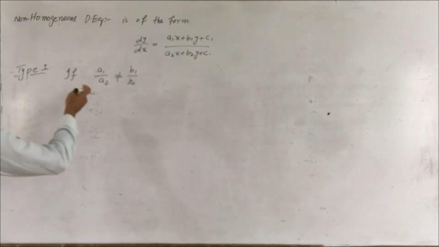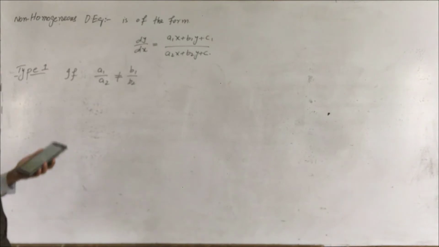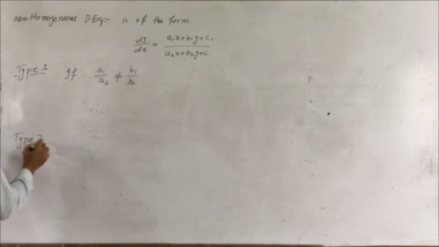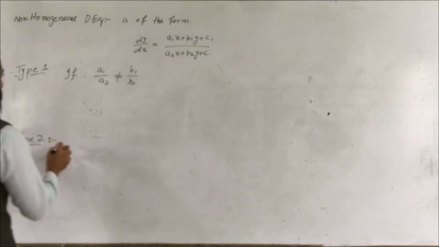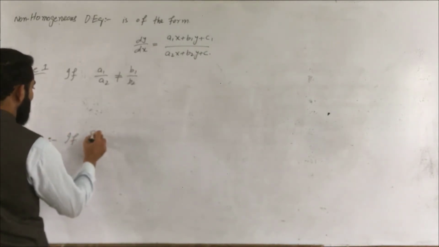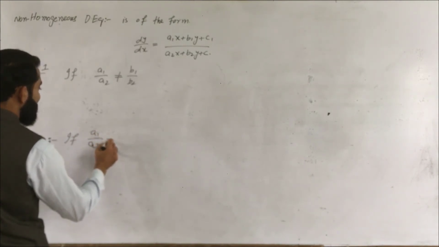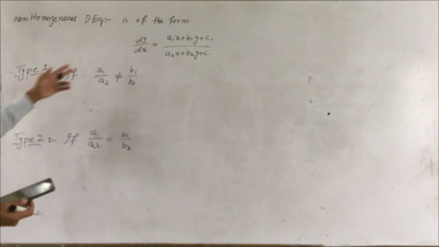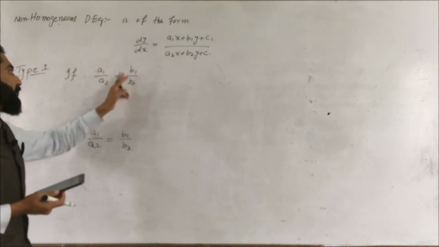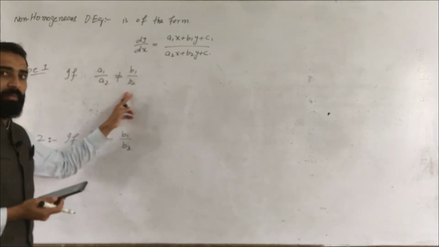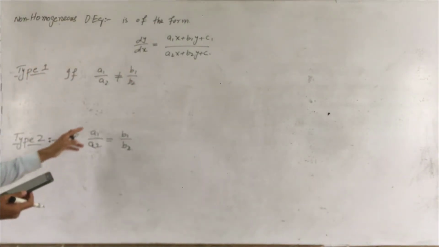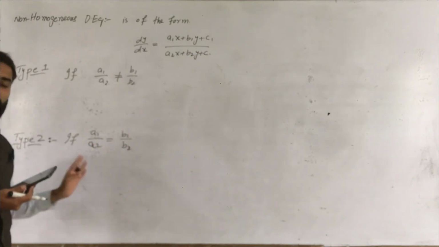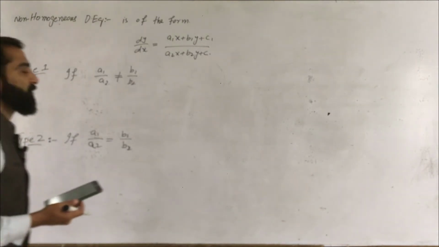Type number 2: in this type we have a1 divided by a2 equal to b1 divided by b2. If the ratio a1 over a2 is not equal to b1 over b2, then it is of the first type. And if the two ratios are equal, then it is of the second type.